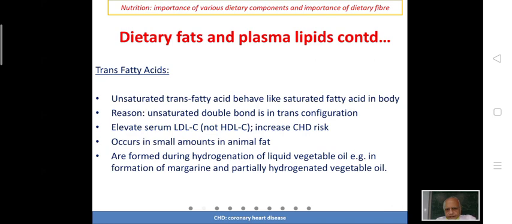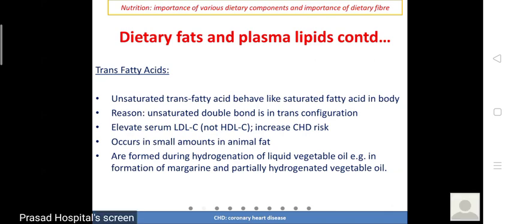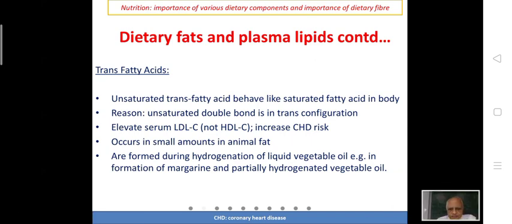This matters for those who are non-vegetarian or eat meat, particularly the fat-rich portion of the meat product. Trans fatty acids are formed during hydrogenation of liquid vegetable oil also, that is in the formation of margarine and partially hydrogenated vegetable oils. So there also you run into trouble, as these trans fatty acids are formed during the hydrogenation process.